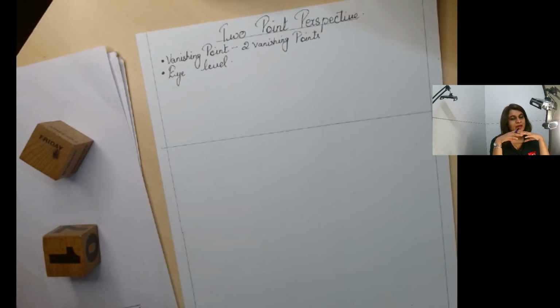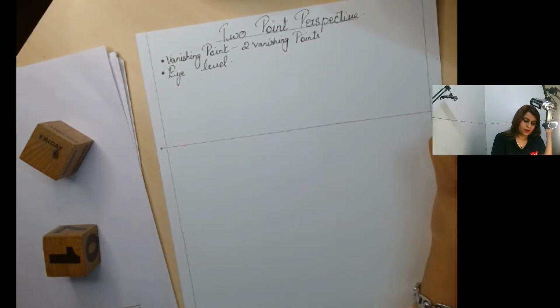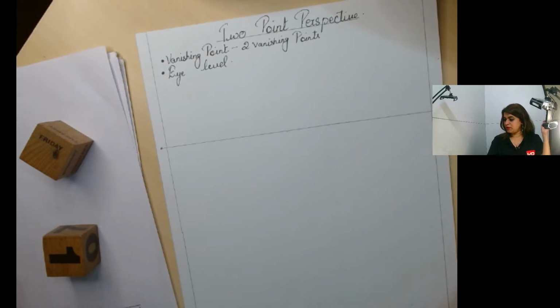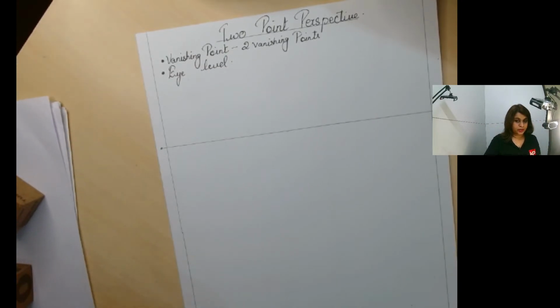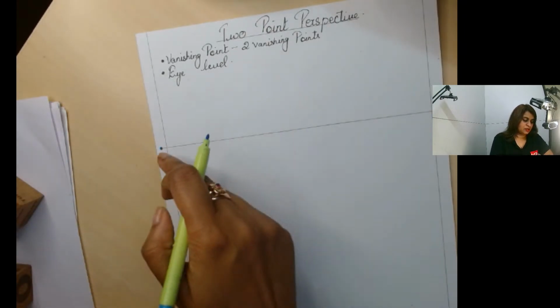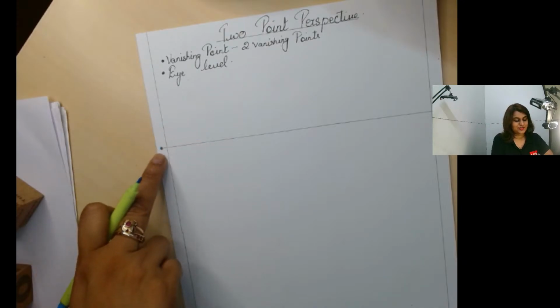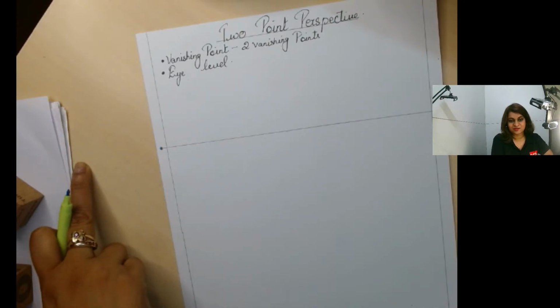You have to draw them as far as possible, so that's why I'm taking them outside my page. Take them outside your page. In a lot of cases when we are doing any scene drawing or certain interiors, we take them outside, not even just outside the boundary but outside the page.